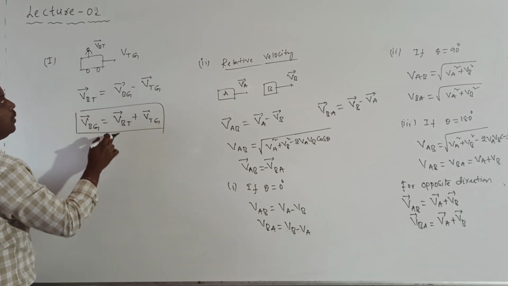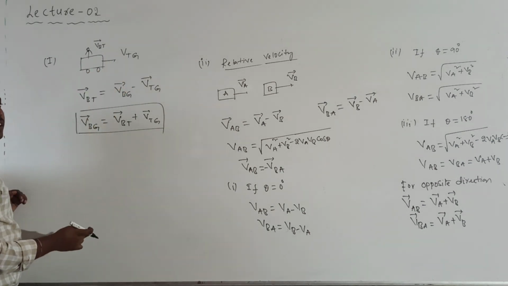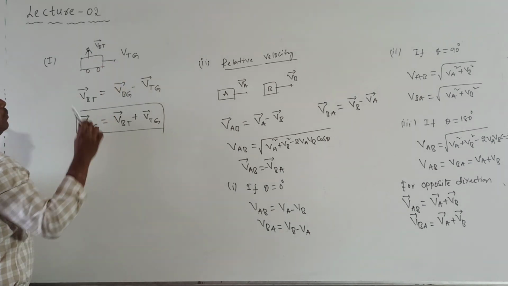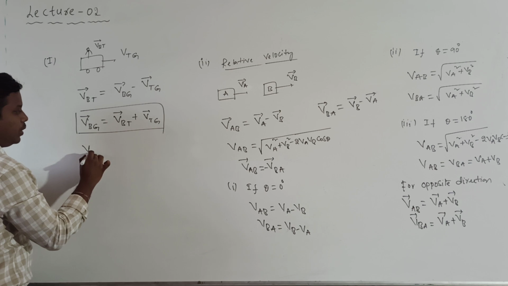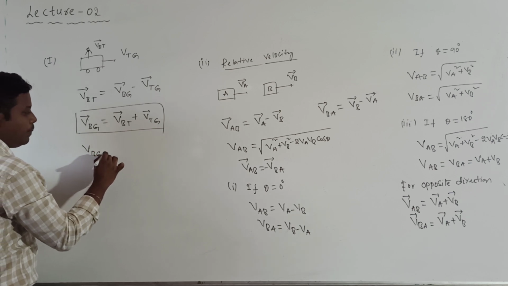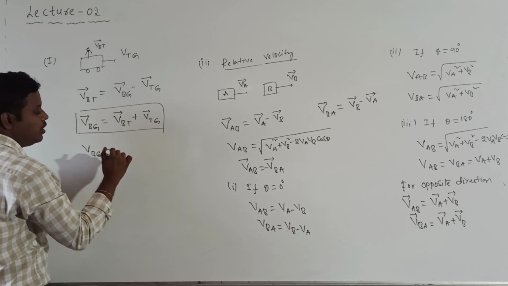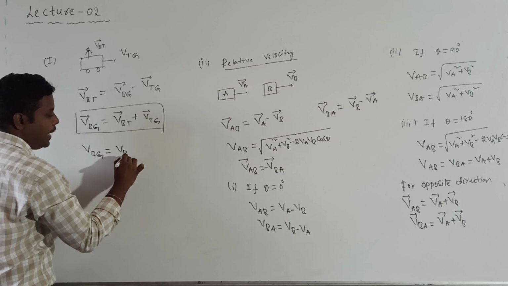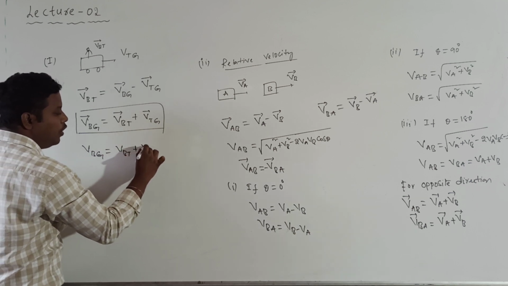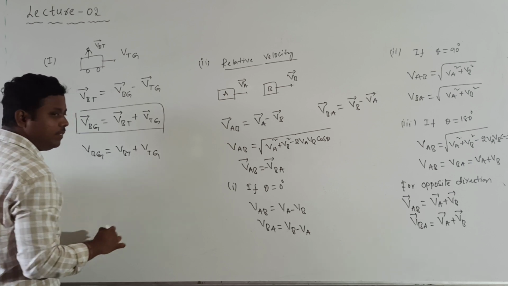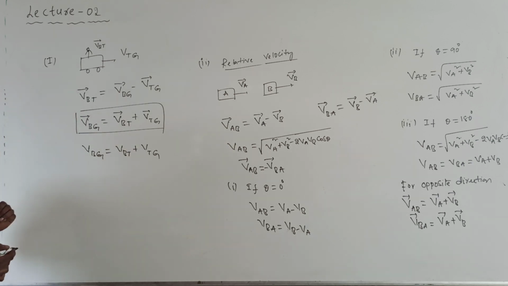For example, if the boy is going in the direction of Vtg, if Vbt and Vtg both are in the same direction, then theta will be 0, so we get Vbg equal to Vbt plus Vtg.